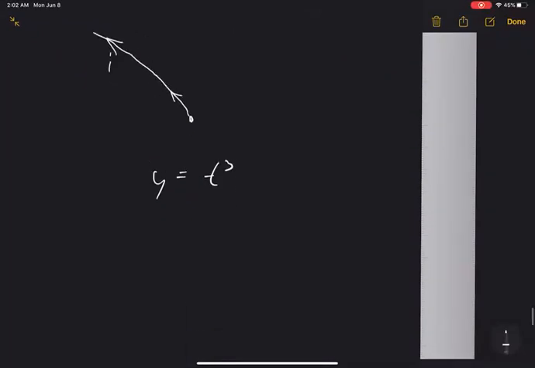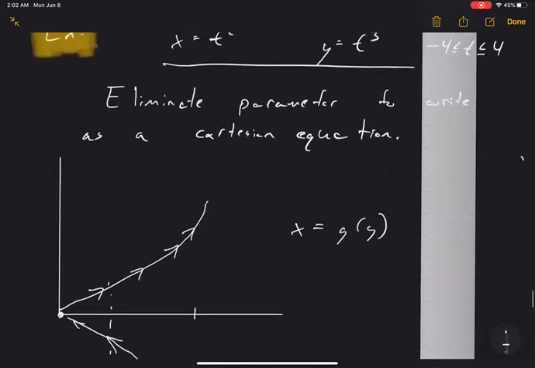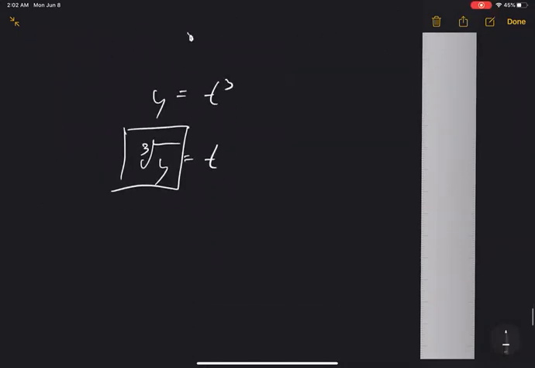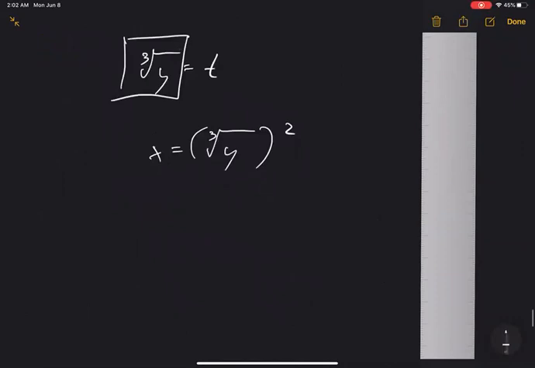I'm going to solve for t, so the cube root of y equals t. Now I'm going to take this and plug it into my equation for x. So I should have x equals the cube root of y, squared. In other words, x equals y to the 2/3. And this should be my final answer.